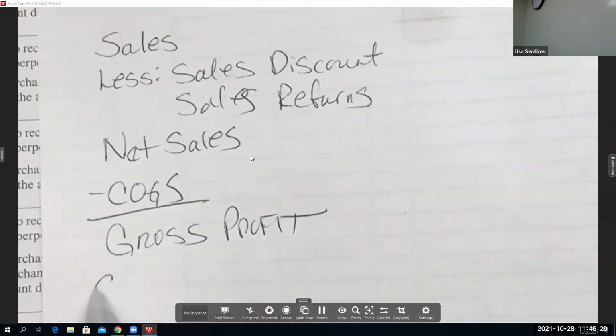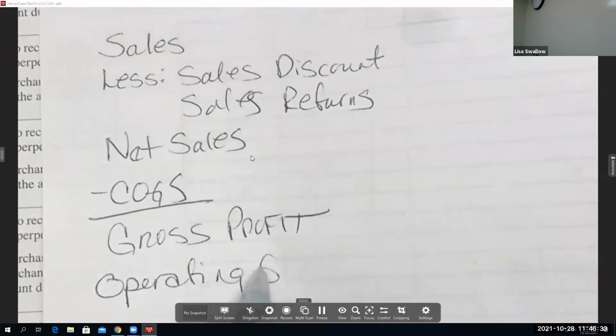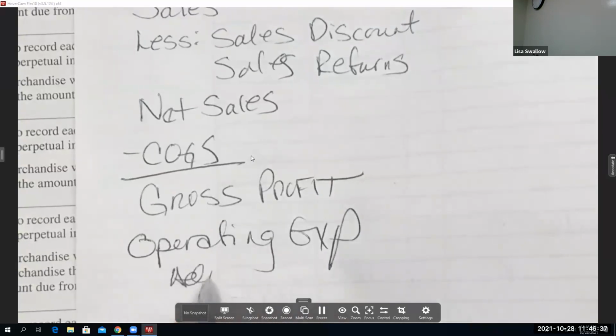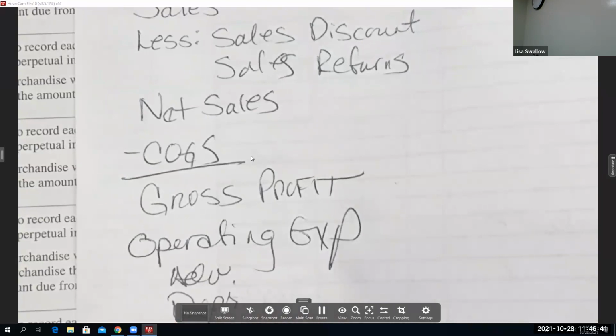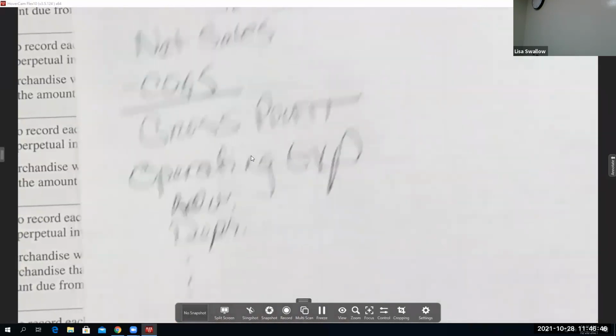And then all your other operating expenses go down here, and there's nothing new here, you guys. This is all the stuff we've had forever, right? Advertising, depreciation, and so on, down to wages. There's nothing new here.